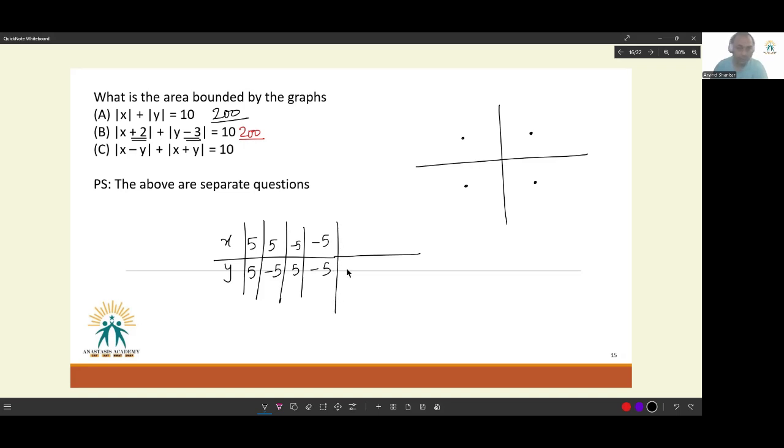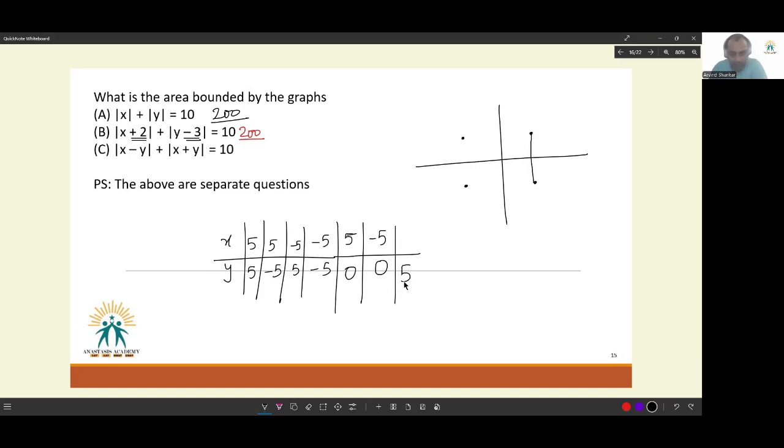Let's take y as 0. So I'll have mod x plus mod x. So I can have x as 5, or I will have x as minus 5. Both of these are possible, which gives me the indication that throughout this range, it is going to be a straight line, which should give you further indication.